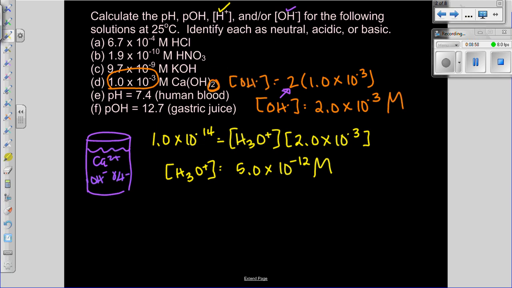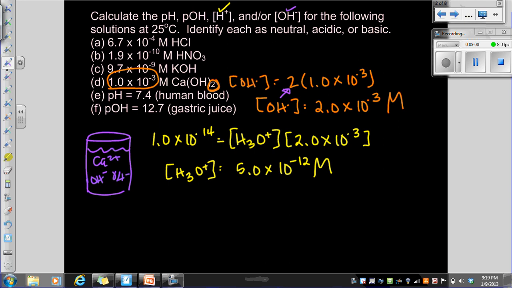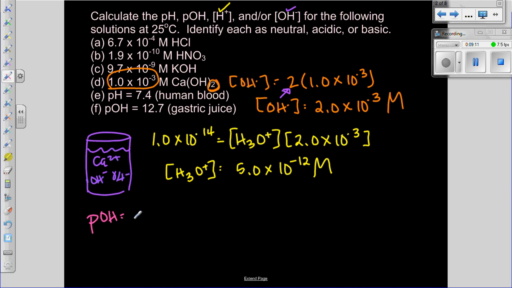Okay, now I want to calculate pOH. I can calculate pH first, or I can use my hydroxide ion concentration, which is what I'm going to do. So I'm going to say that pOH equals the negative log of 2.0 times 10 to the negative 3rd. When I do that, I get 2.70. And then I want to calculate pH.